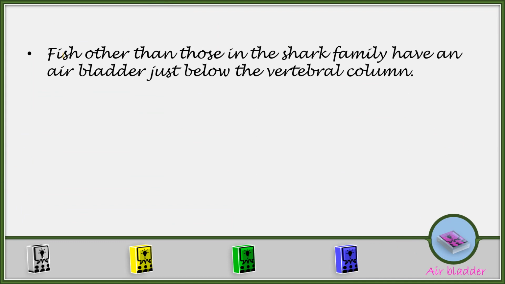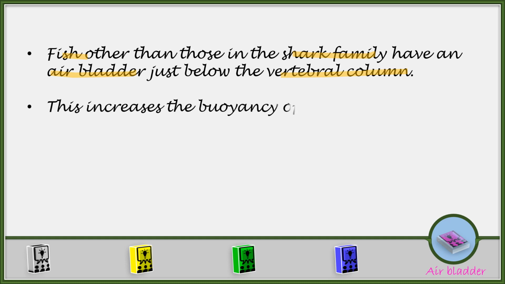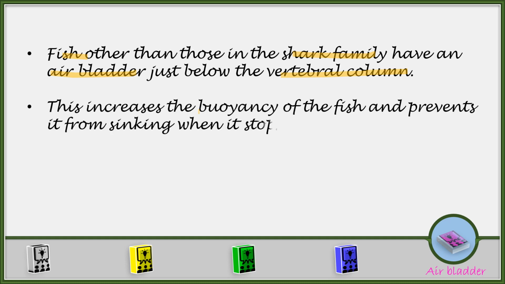Fish, other than those in the shark family, have an air bladder just below the vertebral column. This increases the buoyancy of the fish and prevents it from sinking when it stops swimming.